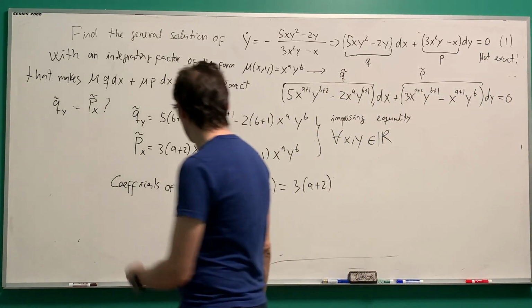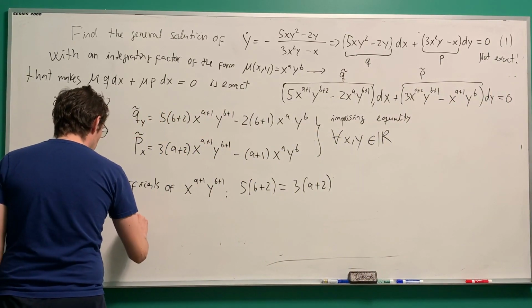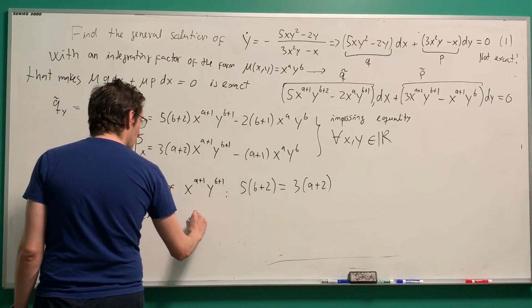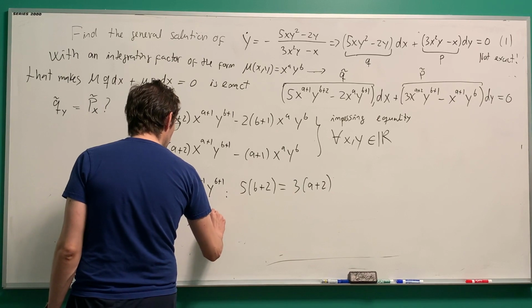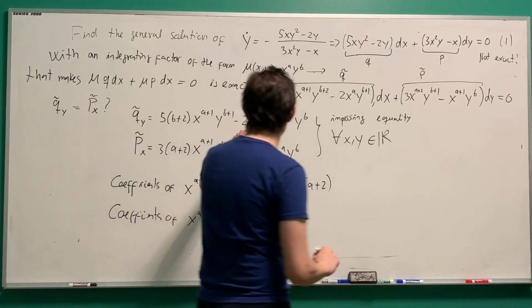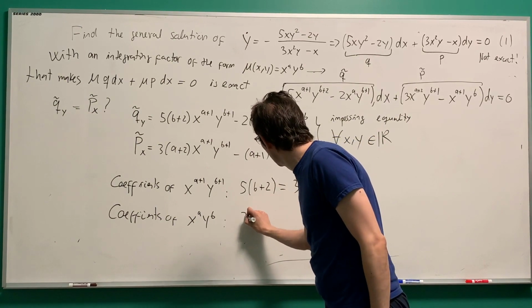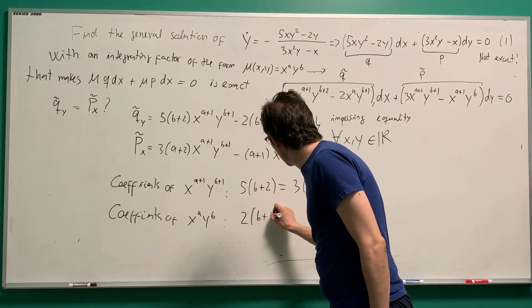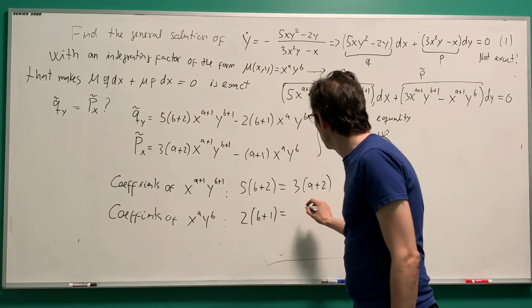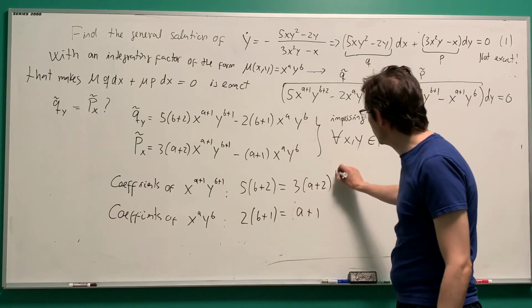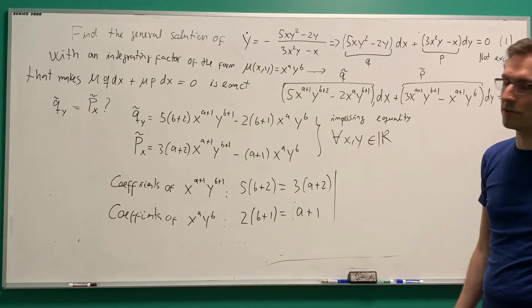And then I also get another equation with the coefficients of x to the a, y to the b in that equation. That means that this has to be equal to that. The minus I don't write because there is a minus in both of them, so twice b plus 1 has to be equal to a plus 1. All right, this is a very simple system of 2 equations.